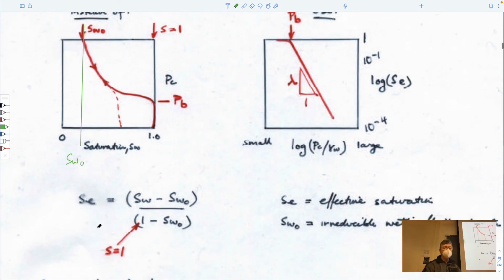So what we could do is define an effective saturation, which is equal to the water saturation minus this irreducible saturation of water. So this term on the top would be this magnitude, starting off here as 0 and going in an amount SW.